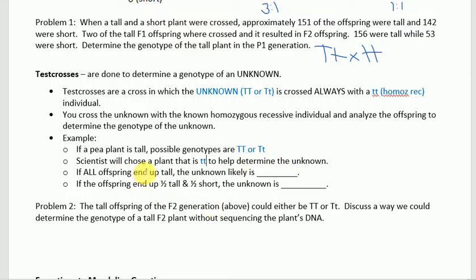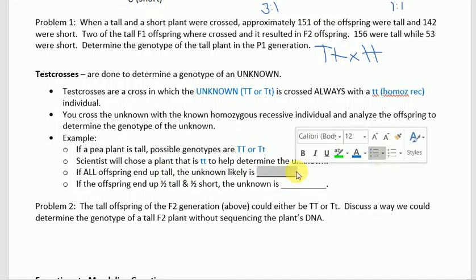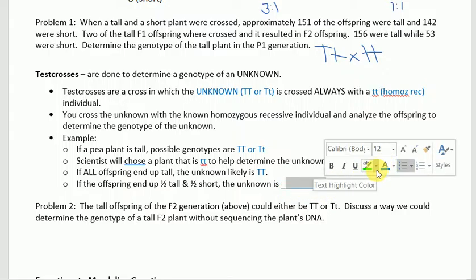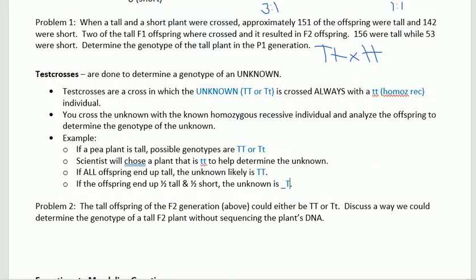If all offspring end up tall, then we know that the unknown likely is going to be a big T, homozygous dominant. If we end up with half tall, half short, then we know that the unknown is going to be a hybrid or a heterozygous.